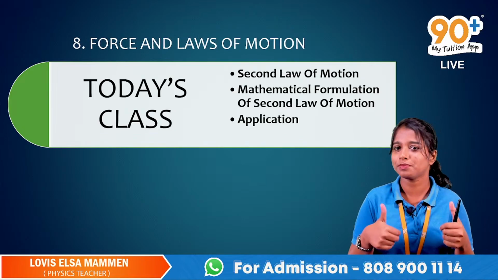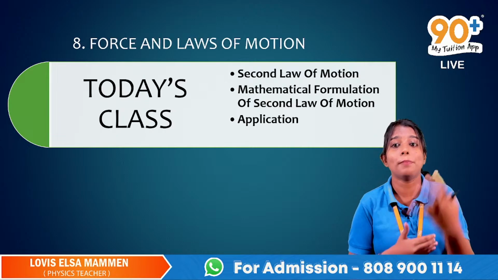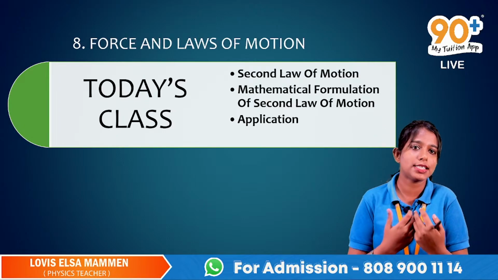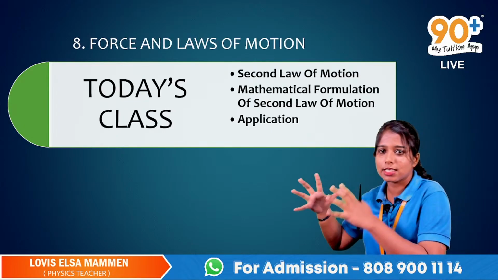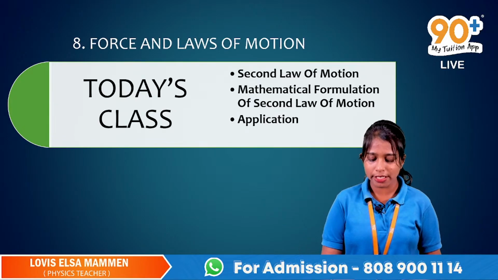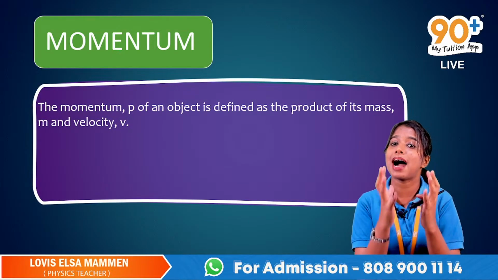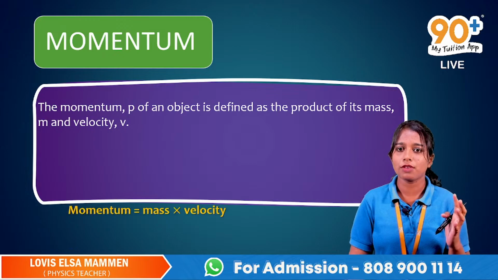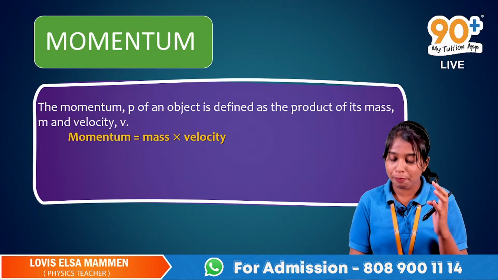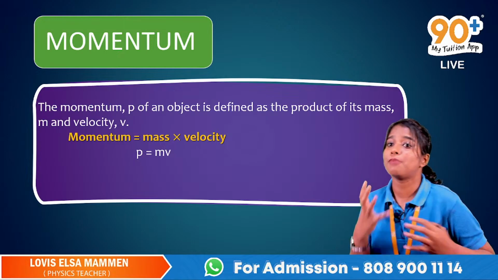In the last class, we studied momentum. We need to understand momentum because it is all about the second law of motion. So what is momentum? Momentum is the product of mass and velocity.